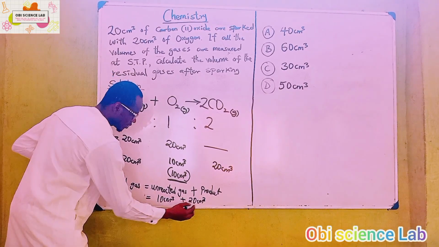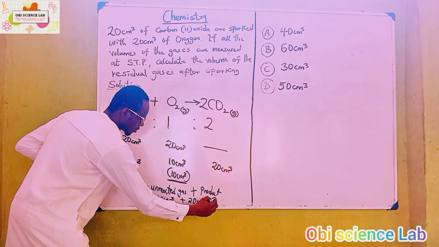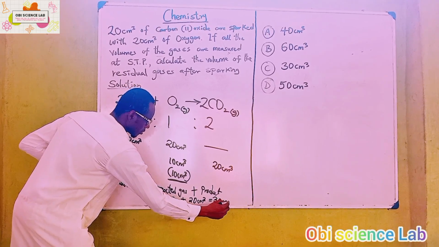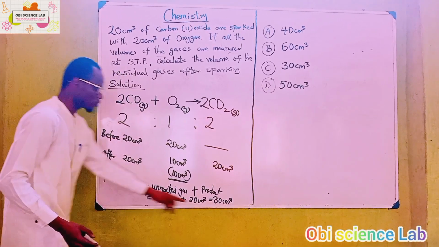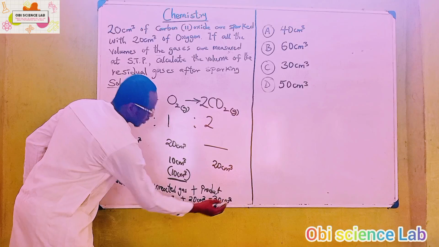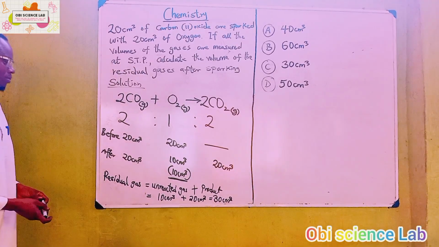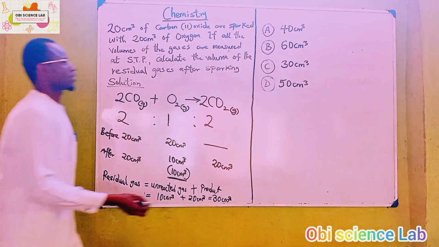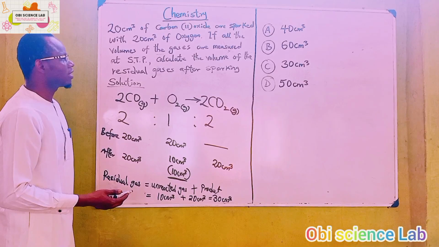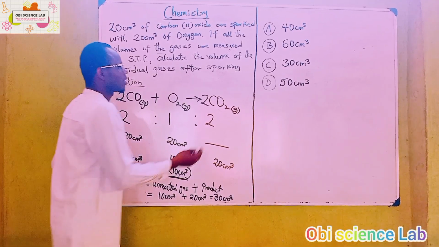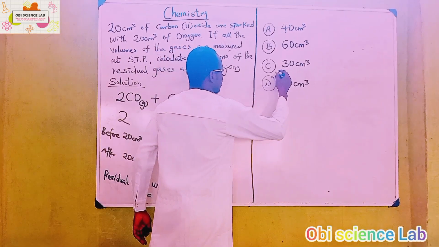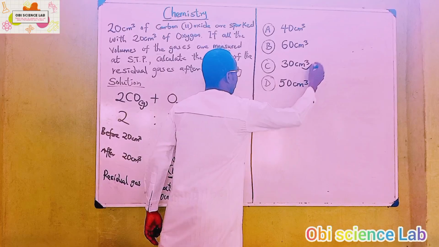So 10 plus 20 cm cube will give us 30 cm cube. So the volume of the residual gas is 30 cm cube, and that is our answer. From the options, A is 40, B is 60, C is 30. C is the correct answer.